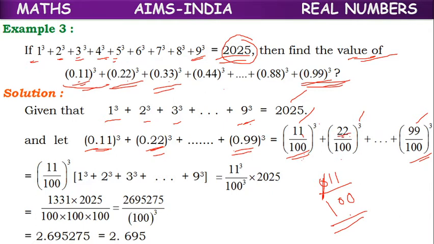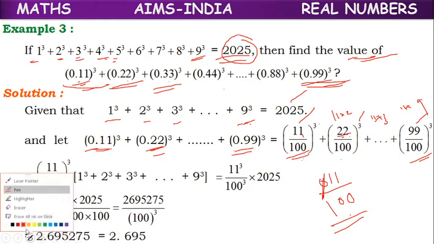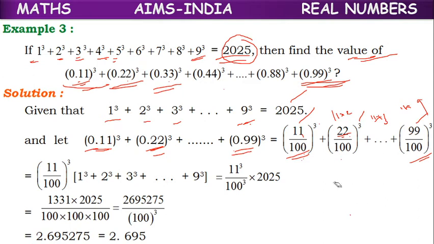But in this, 22 we can write as 11 into 2, 33 we can write as 11 into 3, and 99 we can write as 11 into 9. Actually this 22 we can write as 11 into 2 by 100 whole cube. What does it mean? 11 by 100 whole cube into 2 cube.